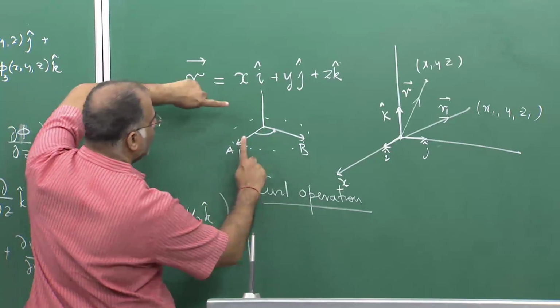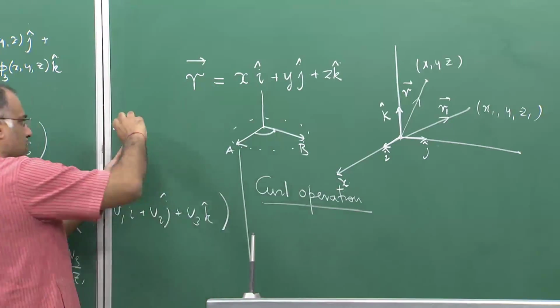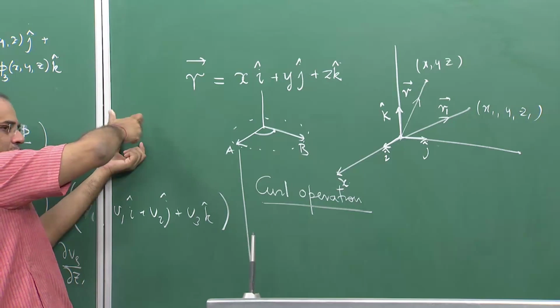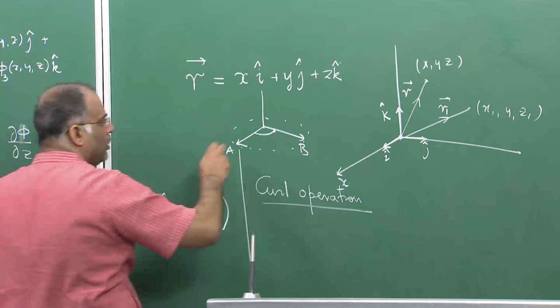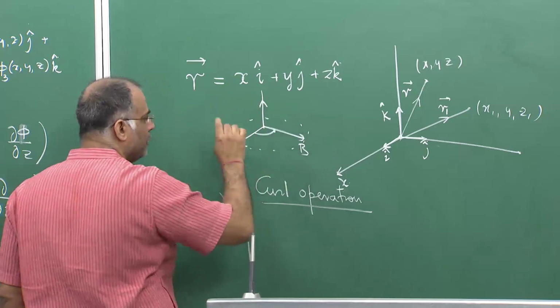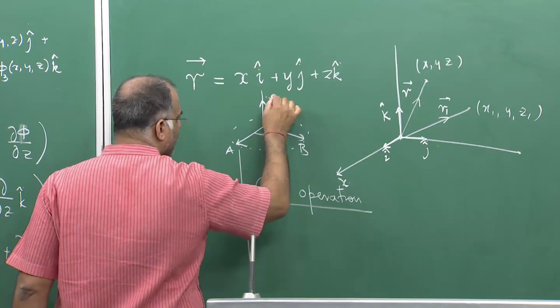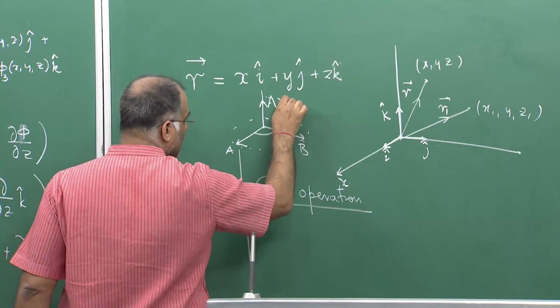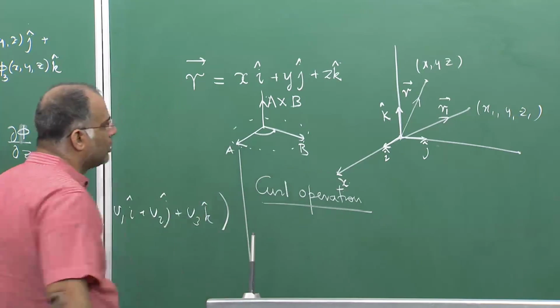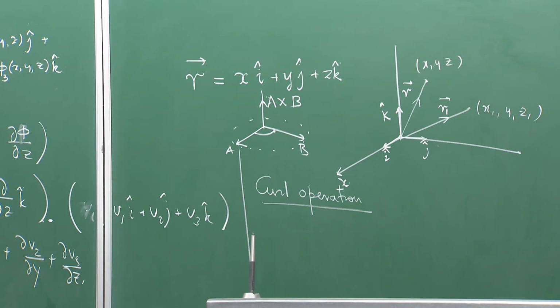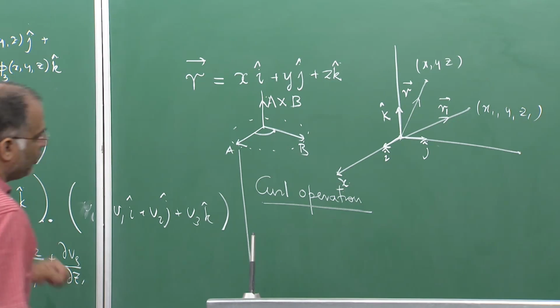Then the screw would get inside a wall, so the movement of the vector is along this direction. This gives what is called A cross B, the cross product. So the curl operation is based on the cross product.